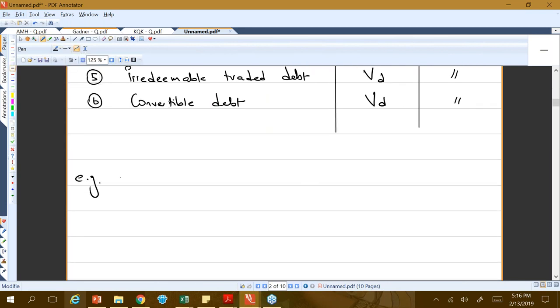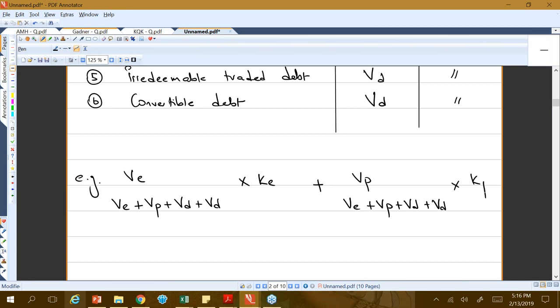For example, we'll say value of equity, VE, over VE plus VP plus VD plus VD, the 2 types of debt, the bank loan and the redeemable bonds, into the KE, plus VP over VE plus VP plus VD plus VD into the KP. So these are the 2 portions in the WACC formula.